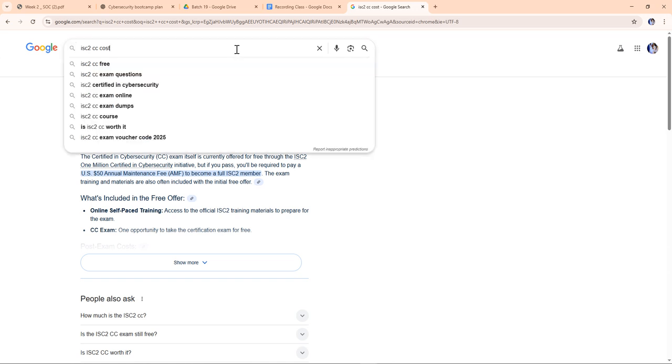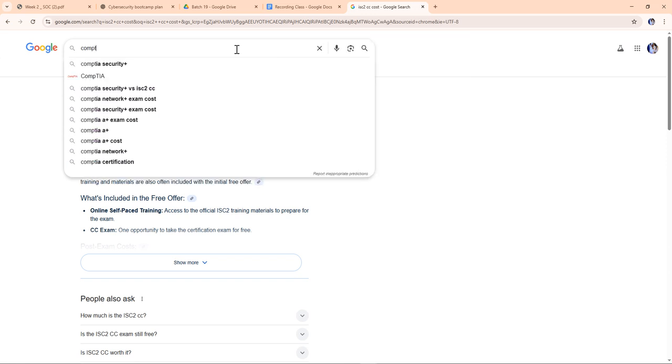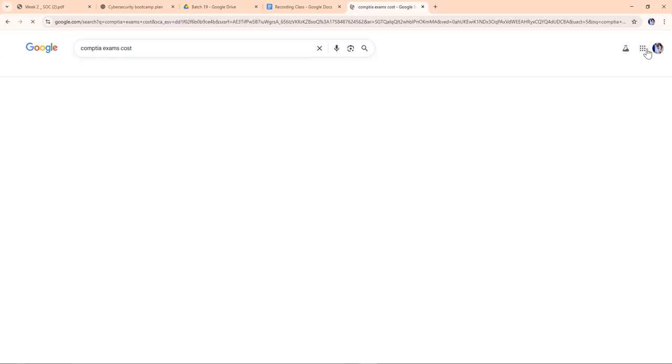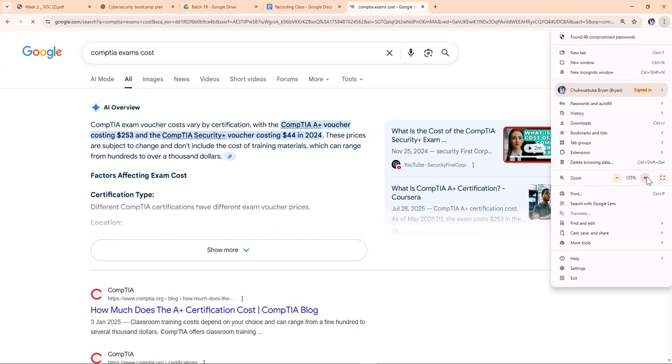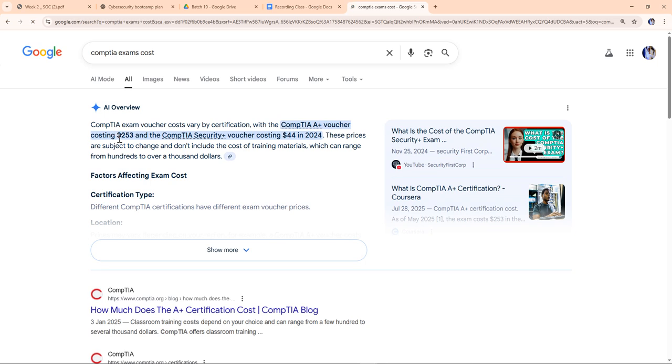If we go to the CompTIA exam cost, they practically have the same thing.